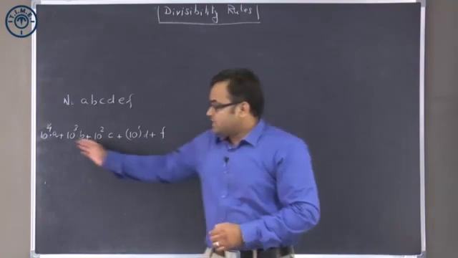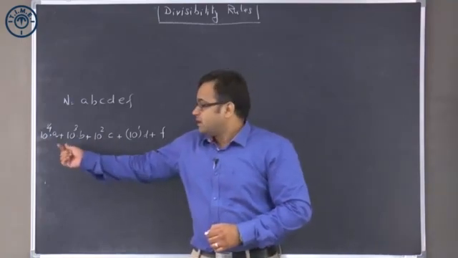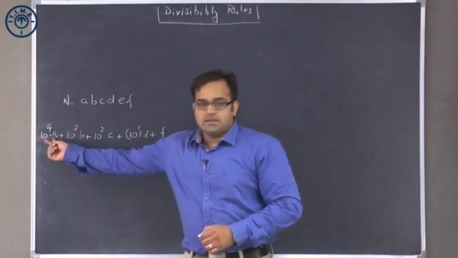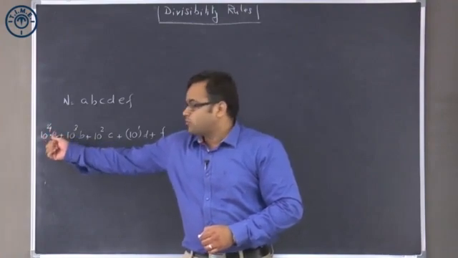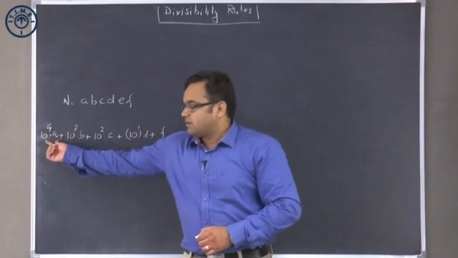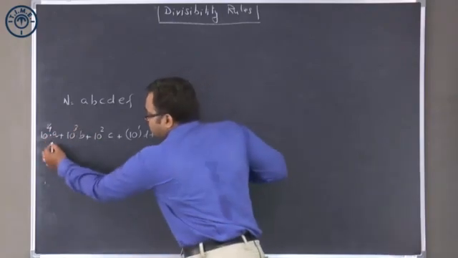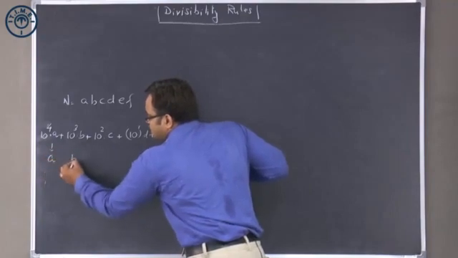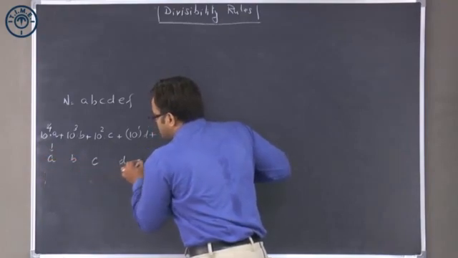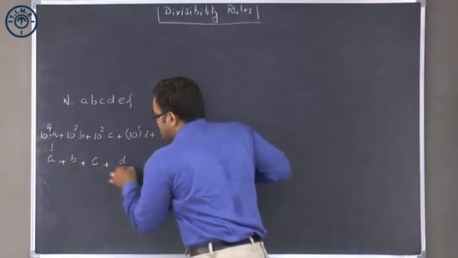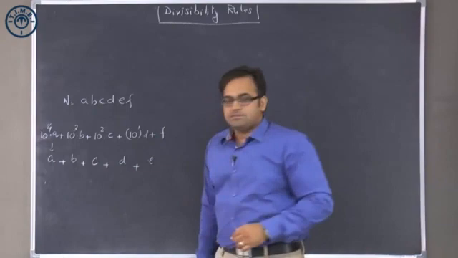Now if I divide this number by 9, 10 divided by 9, the remainder will be 1, 1 to the power 4 will also be 1, so effectively the remainder from here becomes 1 into a. So the remainder from here would be a. Similarly, this will be b, this will be c, this will be d, this will be e. Overall the remainder becomes a plus b plus c plus d plus e.